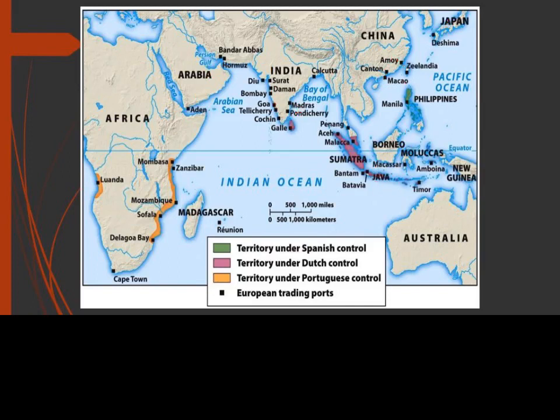So eventually they became heavily involved in the Indian Ocean trade. They were late getting to the party, fashionably late, albeit, because this network had been going on for centuries. But this gives you a visual on where everything is located and which European countries had control where.